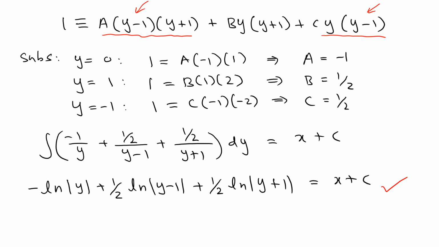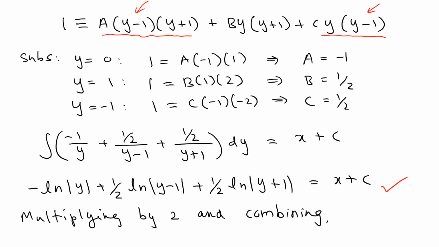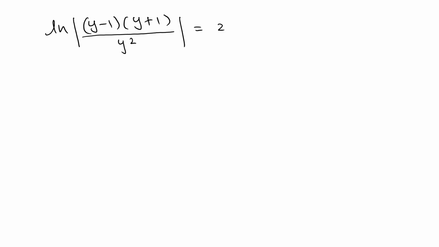So we're going to multiply by 2 and combine. Multiplying by 2 and combining, we have this. You get ln of y minus 1 times y plus 1, and the negative you can write in the denominator, so y squared, and on the other side you get 2x plus 2c.